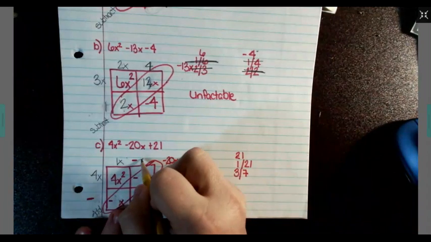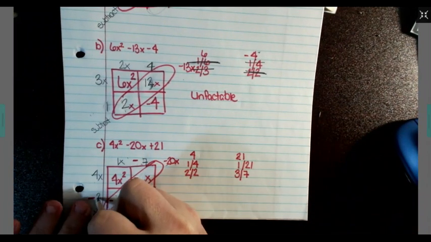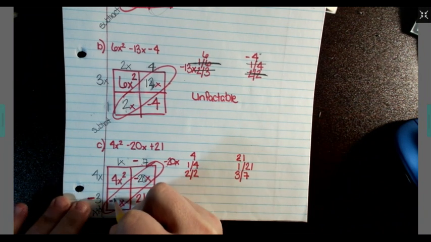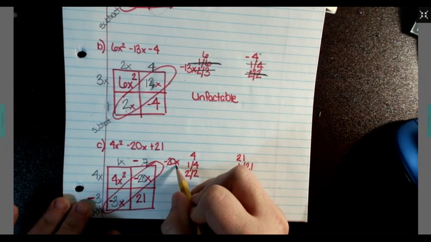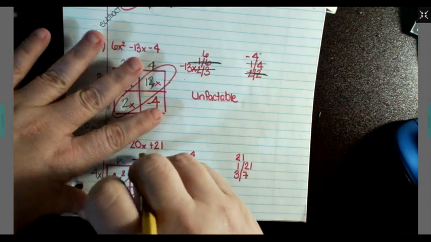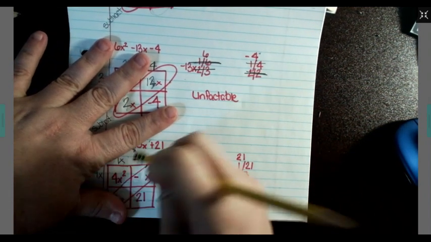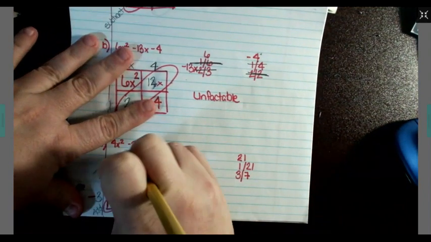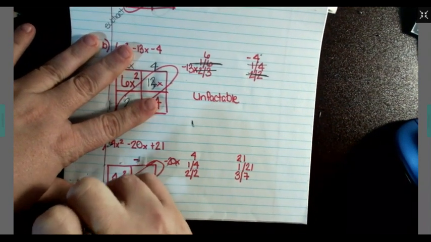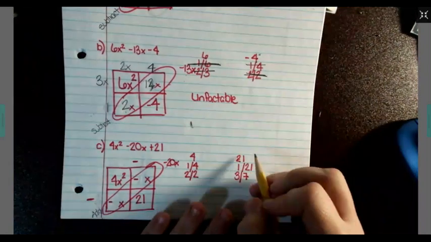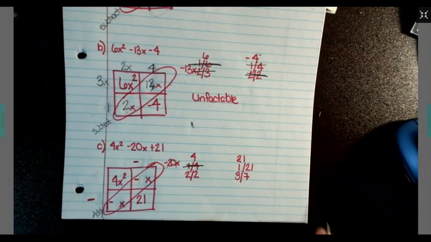Let's make this the 7, this the 3. This gives me 28 and 3. That's too big. Okay, so what I have found out is that the 1-4 combo doesn't work with either the 1-21 or the 3-7. So 1-4 is definitely not the right combination there.